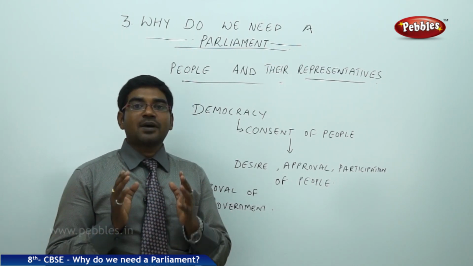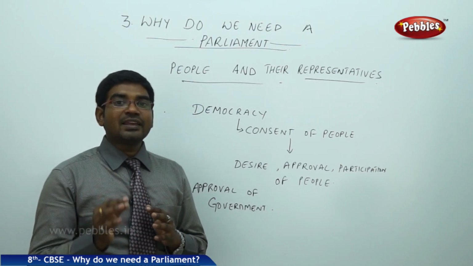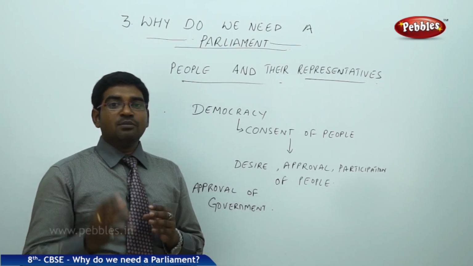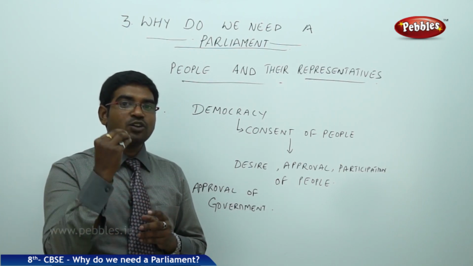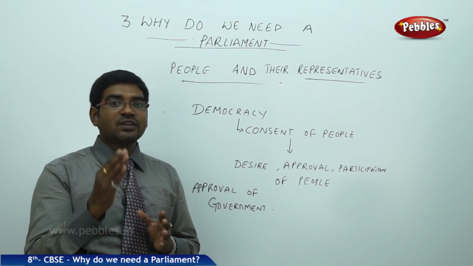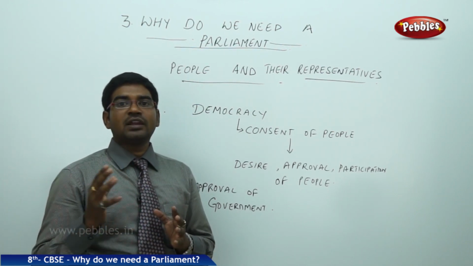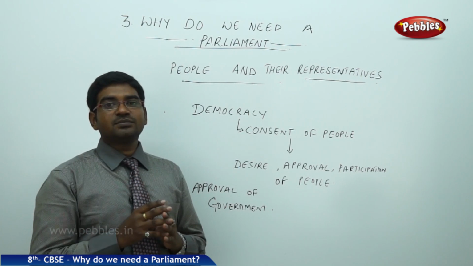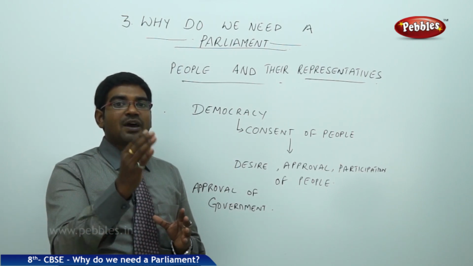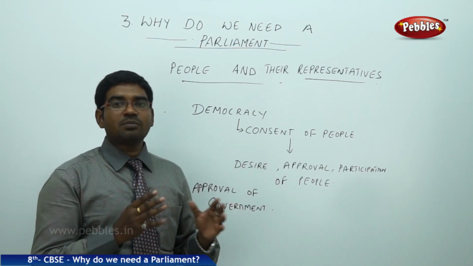The members of parliament are elected directly by the people. People use their universal adult franchise, their right to vote, irrespective of caste, color, creed, region or religion, and they approve the candidates to be the members of the Lok Sabha.